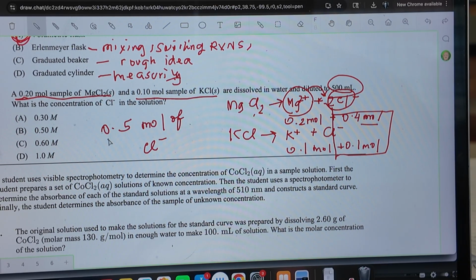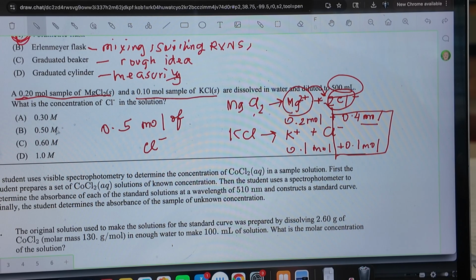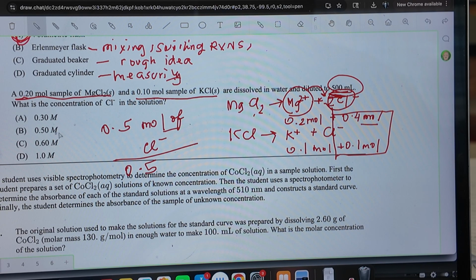So actually, that's wrong. We have 0.5 moles of Cl, but the last piece of information is that we have 500 milliliters. Oh, I almost made a classic mistake. You've got to divide this by 0.5 liters. They gave us this, and I almost left it in; I didn't change it to molarity.